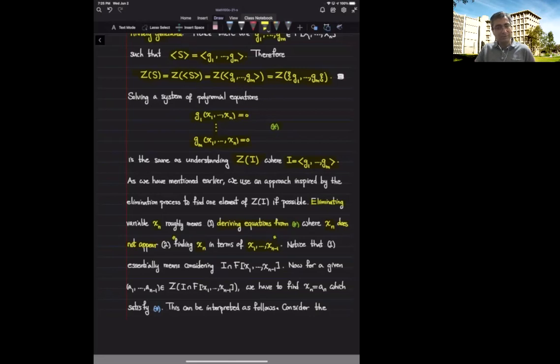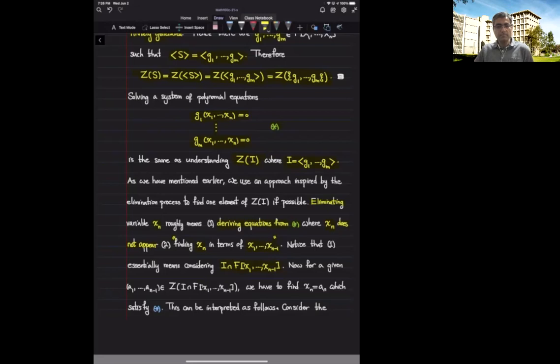And when we want to eliminate x_n, if we want to arrive at a polynomial where x_n does not appear, that means we are essentially considering the ideal generated by the g_i's intersected with the ring of polynomials with variables x_1 through x_{n-1}. So essentially, we want to work with this ideal and try to understand zeros of these polynomials, this system of equations.